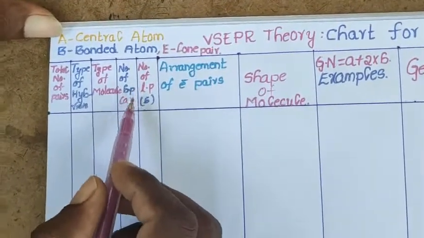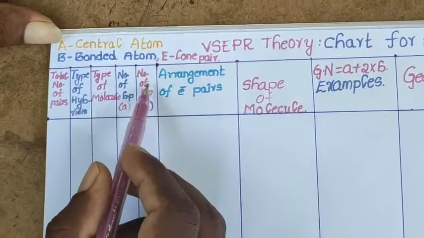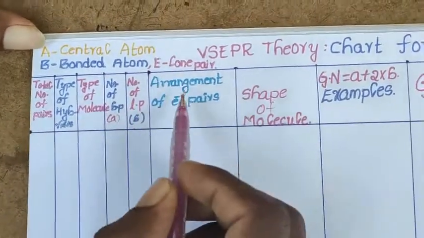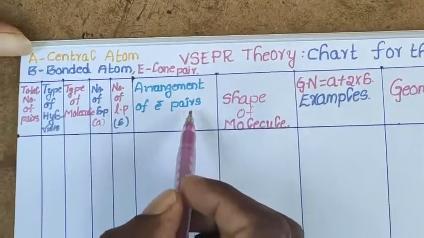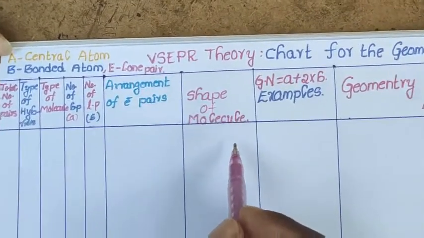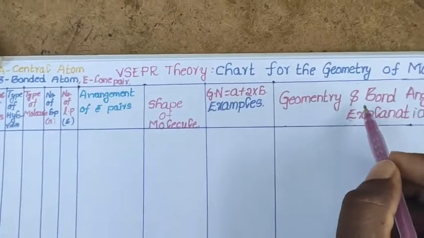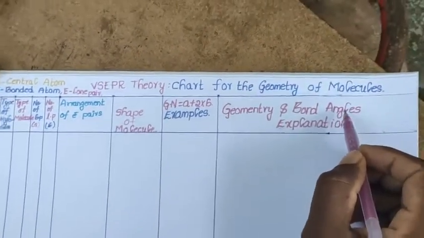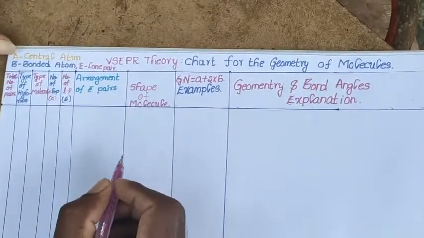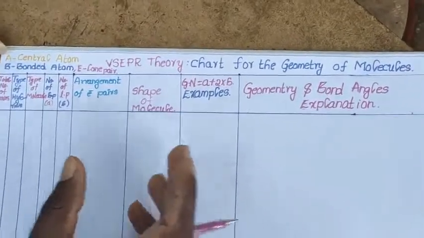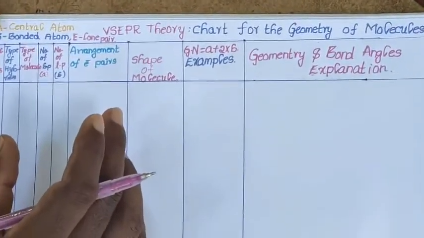Next one is number of bond pairs. Next, number of lone pairs. Then arrangement of electron pairs, and shape of molecules and examples. Last one, geometry, bond angles and explanation. So I will explain with neat, clear information.